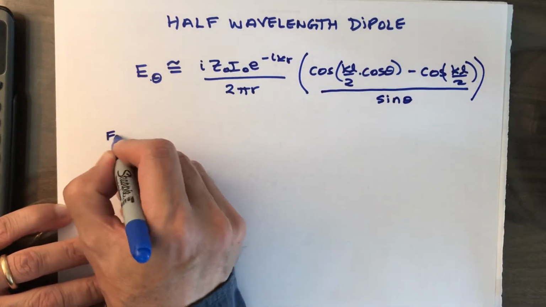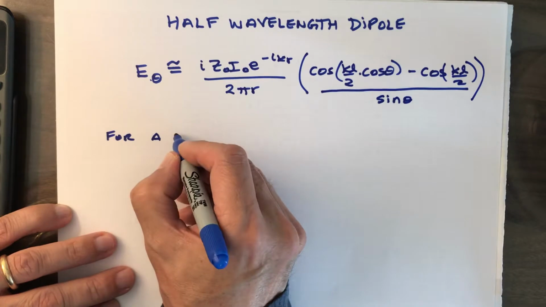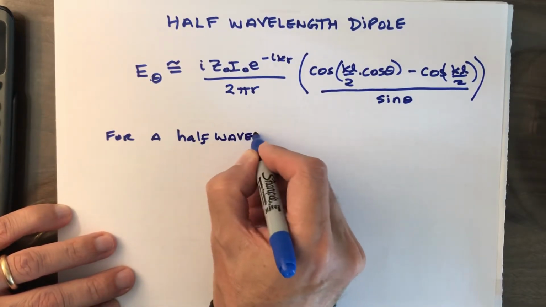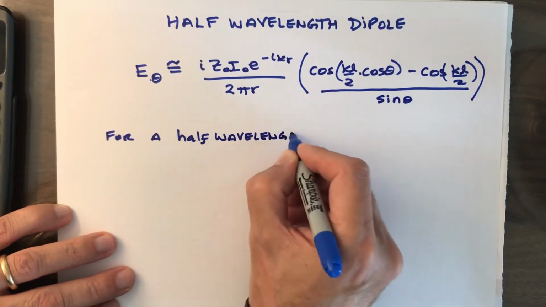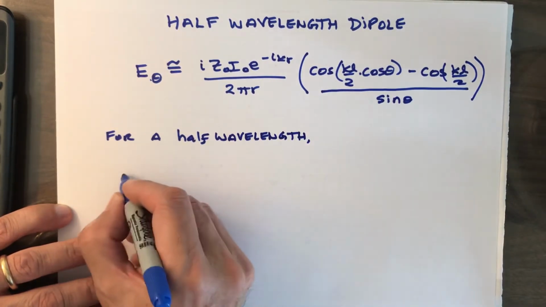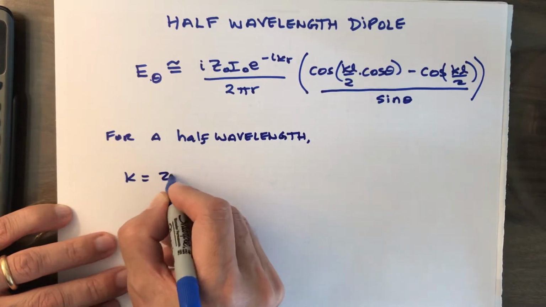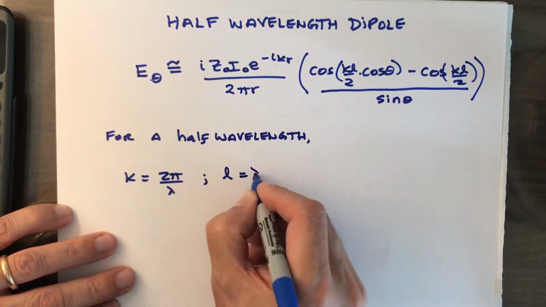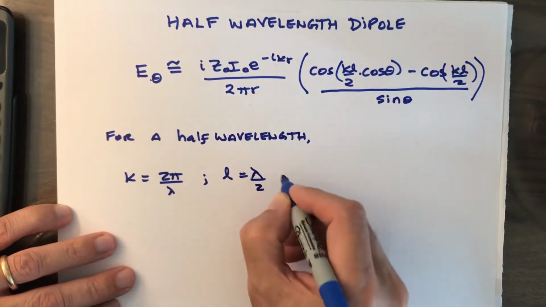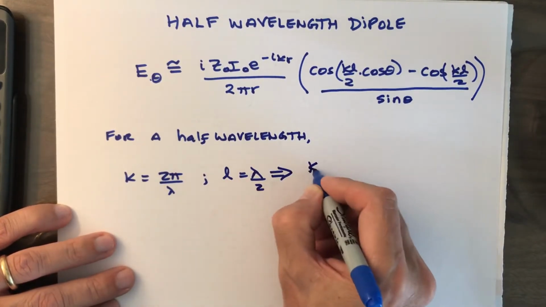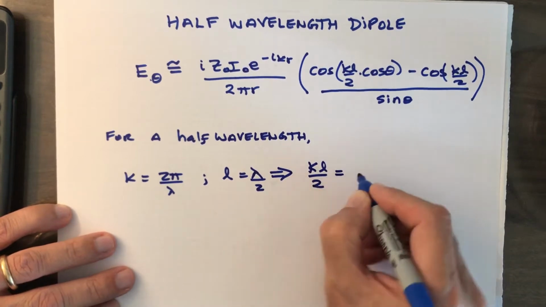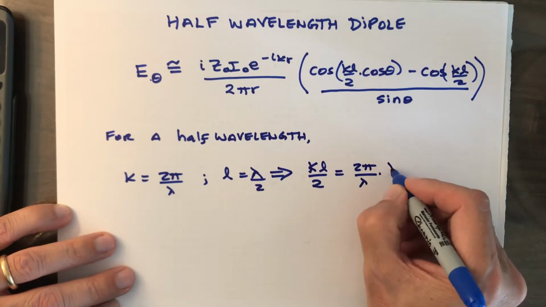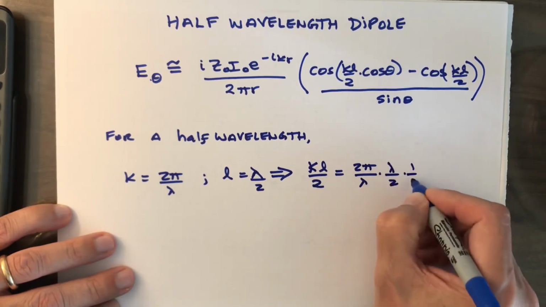For a half wavelength case, we have k, which is the wave number, 2 pi over lambda, and then L, which is equal to lambda over 2, implying that kL over 2 is equal to 2 pi over lambda times lambda over 2 times 1/2.